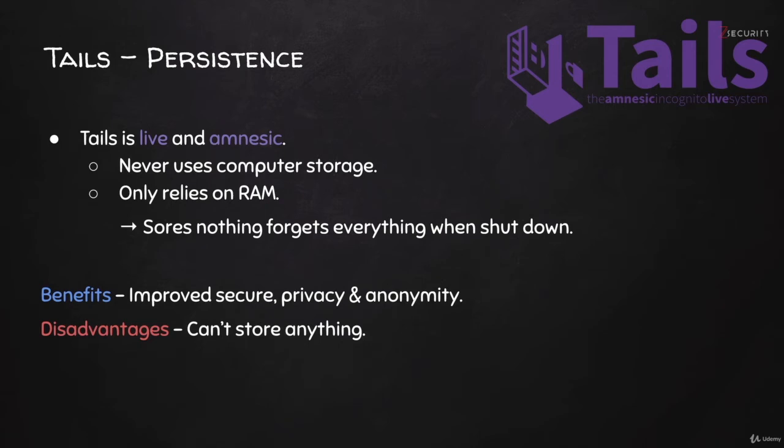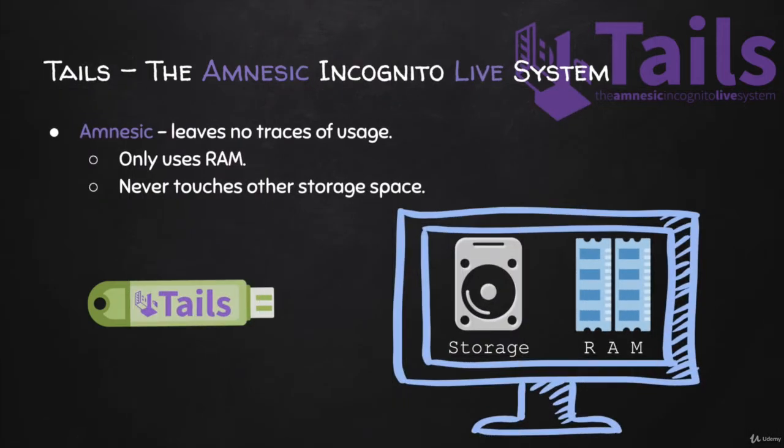So, as we know from the previous lectures, Tails is a live and an amnesic operating system. What we mean by this is it leaves no traces on the computer that it gets used on, and it does this by never using the internal storage. It runs completely from the RAM, which is securely wiped once you turn off or restart the computer.